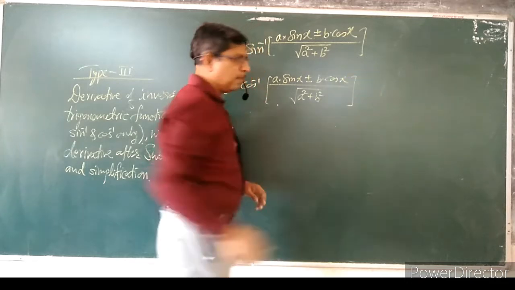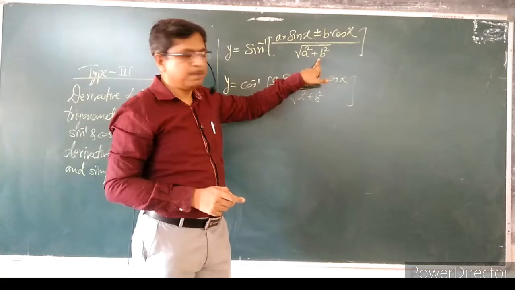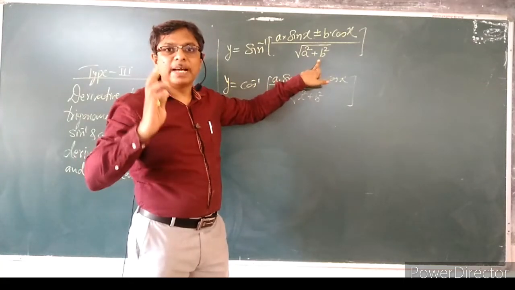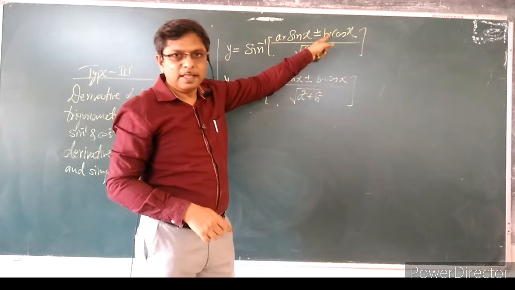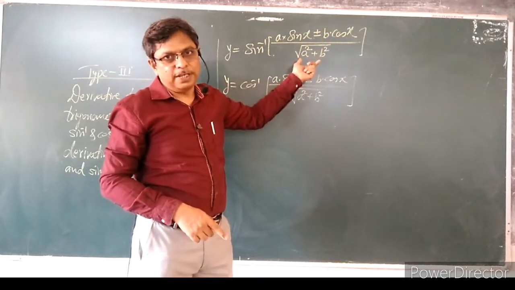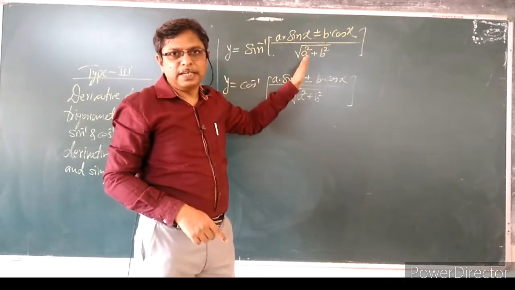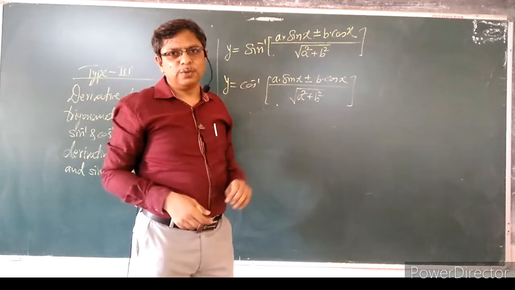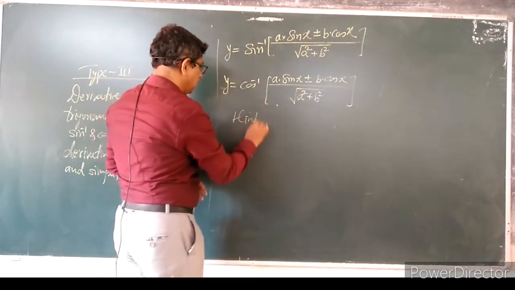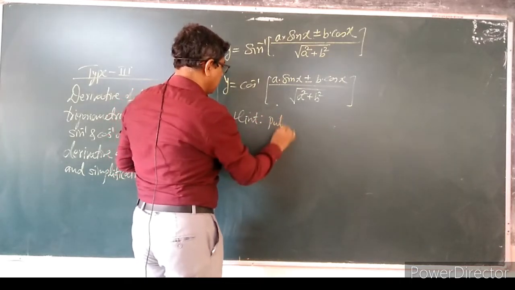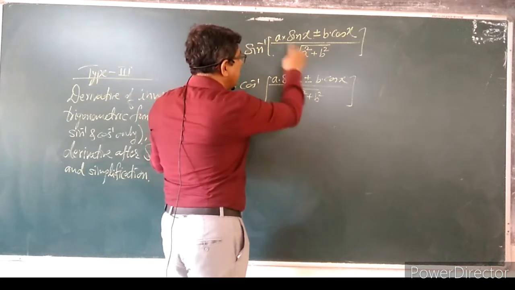And if you are remembering, these three numbers a, b and under root a square plus b square are a Pythagorean triplet. For example 3, 4, then you will get 5 here. 5, 12, you will get 13 here. So what you have to do in such examples, hint: divide this separately.